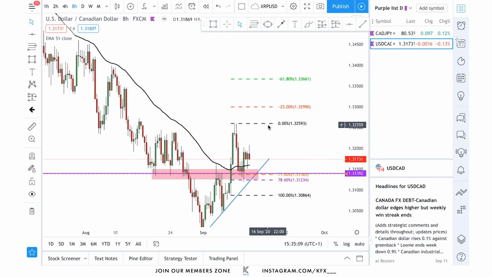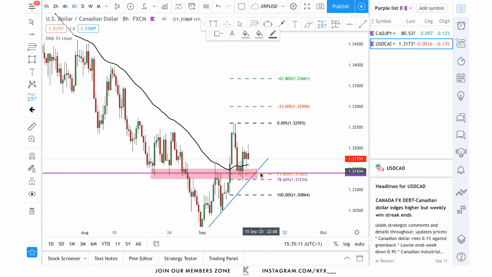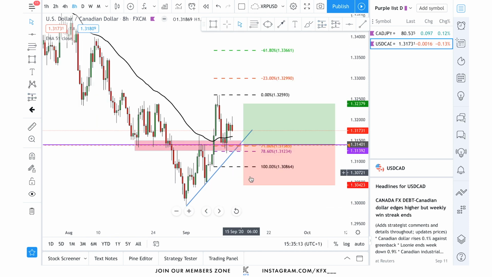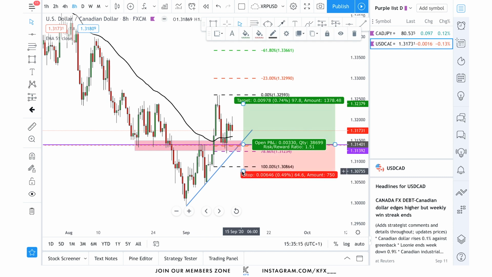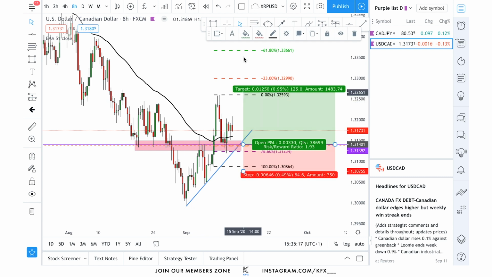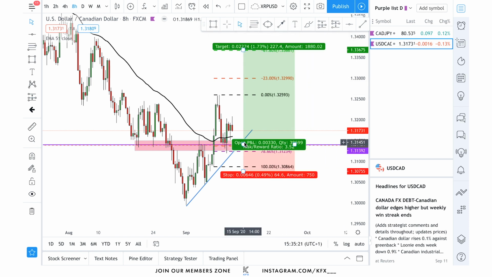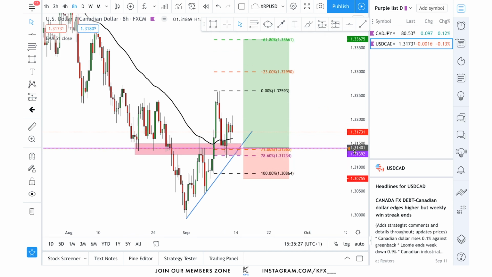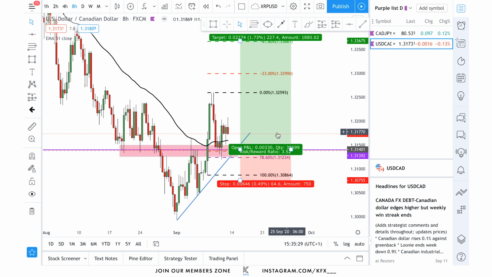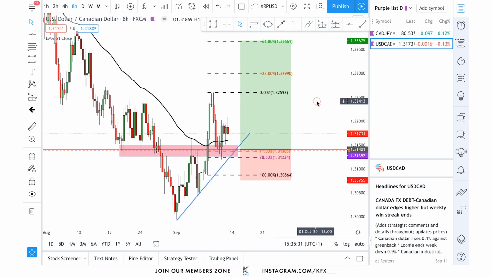Okay. The next thing we do is get our long position, and we look for a region where price may wick into here, and then we can basically capitalize on that and take a trade. So my stops are just going to be beneath the 100%. It's a 3.52 ratio, okay, and it's a 227 pip move to the upside.